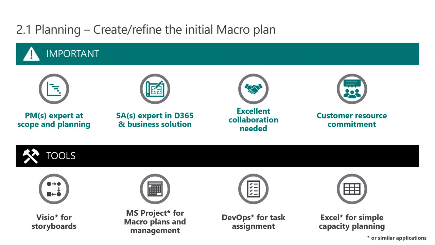Don't try and map every single individual down to a Microsoft Project plan of 5,000 lines and then try and resource level it. That is not what we're recommending here for the creation of the macro plan. Start at a relatively high level and get something that gives you a good shape for the project delivery.